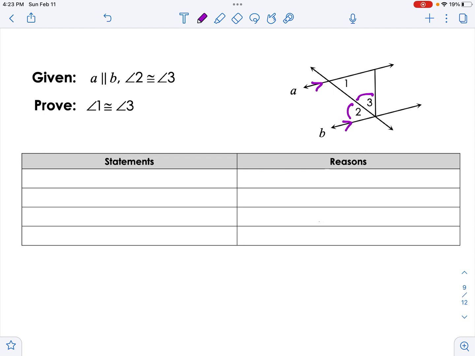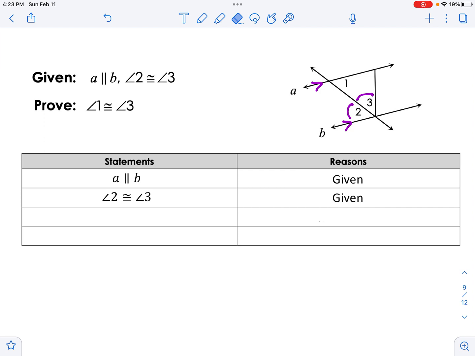So the first thing we want to do is write our given statements. So in the very first line, I'm going to write A is parallel to B. And I'll also write in the second line that angle 2 and angle 3 are congruent. So those are the 2 things that I'm given. And my reasons for both of those will be that they are given.